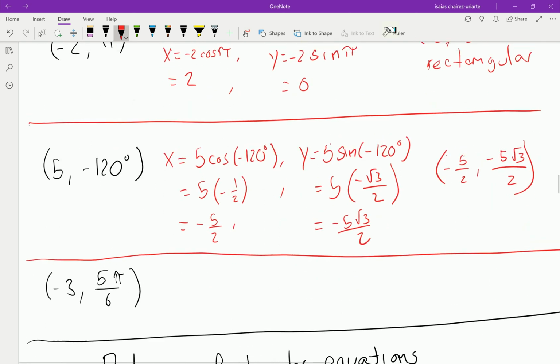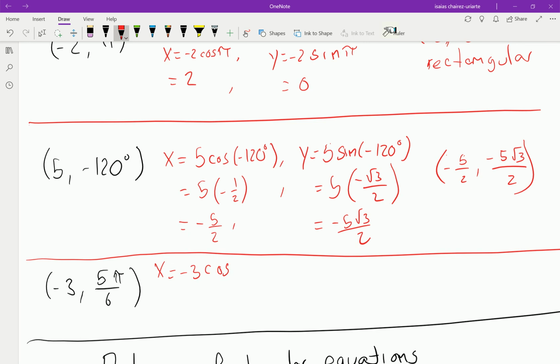The last one, let's see. The last one, so x is going to be negative 3 cosine 5 pi over 6. And y is equal to negative 3 sine of 5 pi over 6. So 5 pi over 6, what is that? That's 150 degrees, yeah? 5 pi over 6 is 150 degrees.